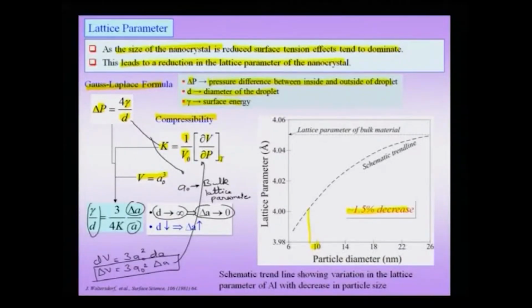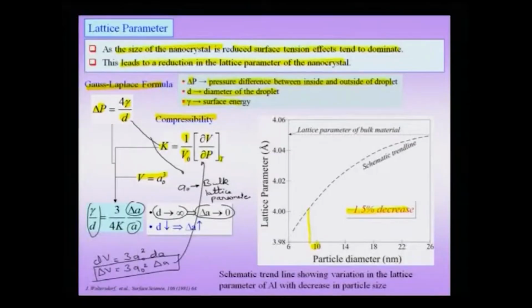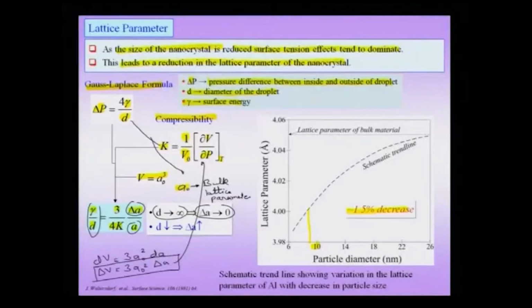That means, if d goes to infinity, then delta A goes to 0. So delta A is the reduction in lattice parameter from a bulk crystal to a small nanocrystal. Therefore, this function gives that gamma by d is equal to 3 by 4 K, where K is the bulk compressibility, times delta A by A, where A is the lattice parameter of the bulk crystal, which can otherwise be written as A0.